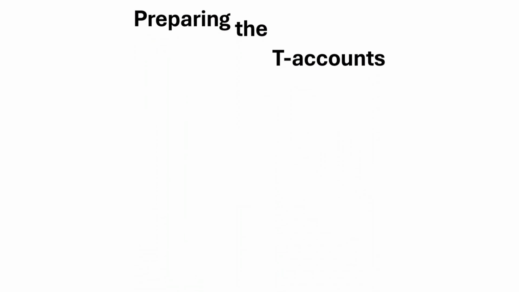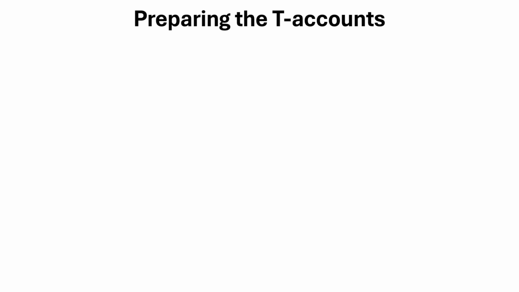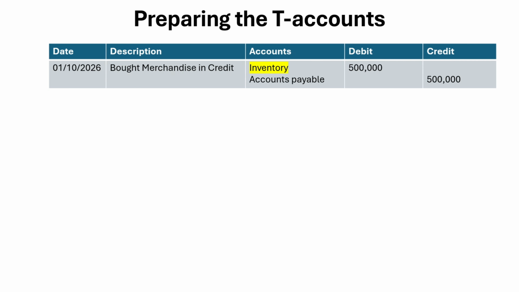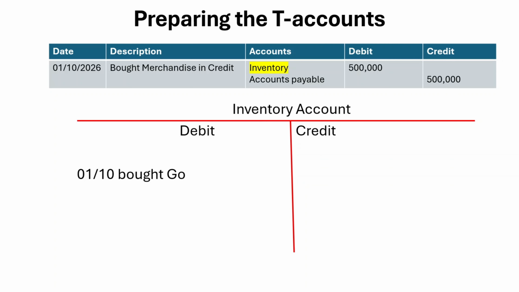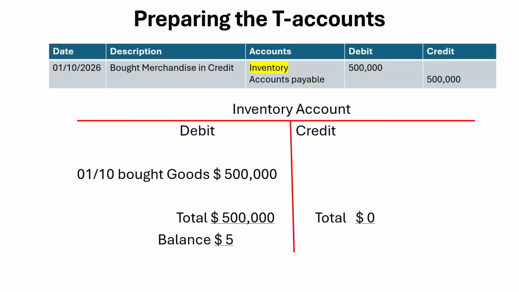So let us start with the first transaction. You can see the ledger account over there, the journal entry over there. So we make our inventory account. We have the debit and credit side. Then we say on the 10th, goods were bought for 500,000. There's a total of 500,000. On the credit side, there is no entry. That's a zero.